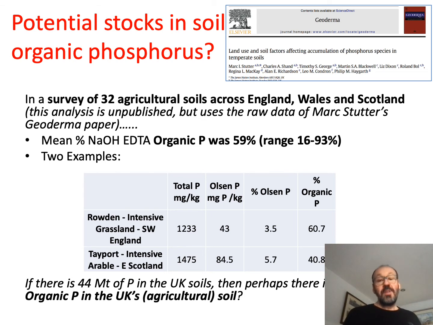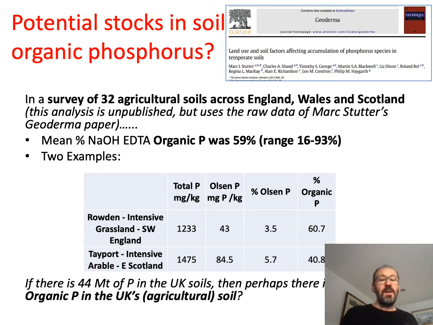And for all of those soils we found, remember this inorganic organic P thing, that 59%, let's call it 60 for the sake of argument, 60% of the soil total phosphorus was organic, and it actually ranged from 16 to 93.